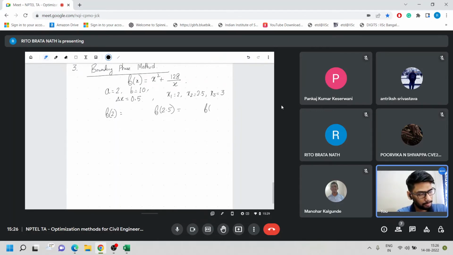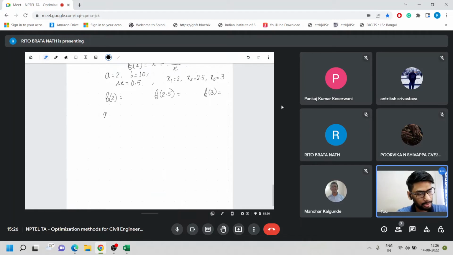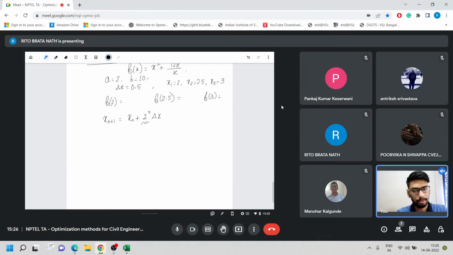Again, you will check for similar conditions, but here the update rule is different. Your update rule is that x n plus 1 is x n plus 2 to the power n times delta x. This is the only part where it is different.